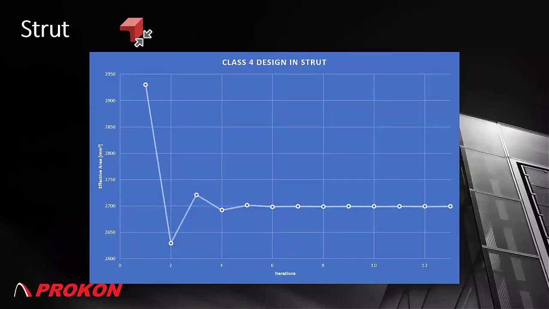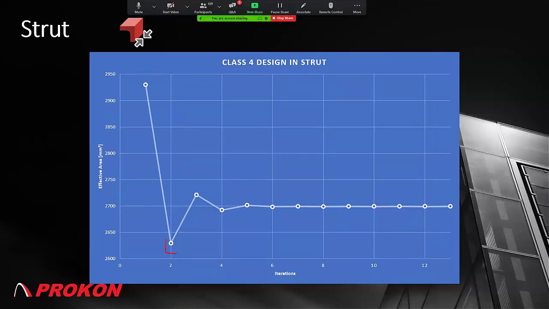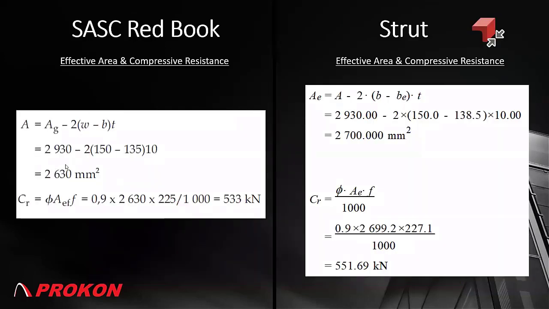STRAT's results can be plotted for a succession of iterations. The initial sectional area is equal to the gross area of 2,930 square millimeters. After the first iteration, the area drops to 2,630 square millimeters, which is the value that the Red Book uses.